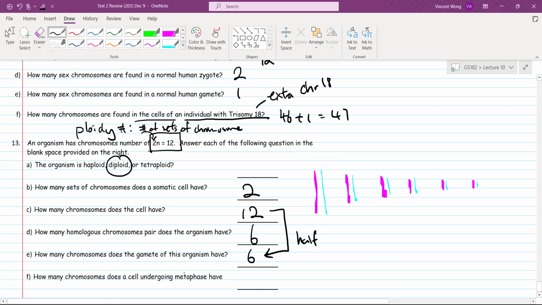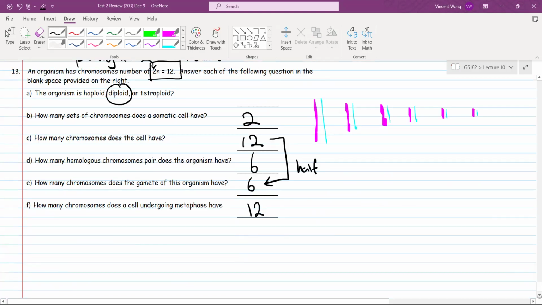If it's undergoing metaphase, then the chromosomes have not been separated yet. It will be 12. Okay, that is it for that. Let's do biotechnology.